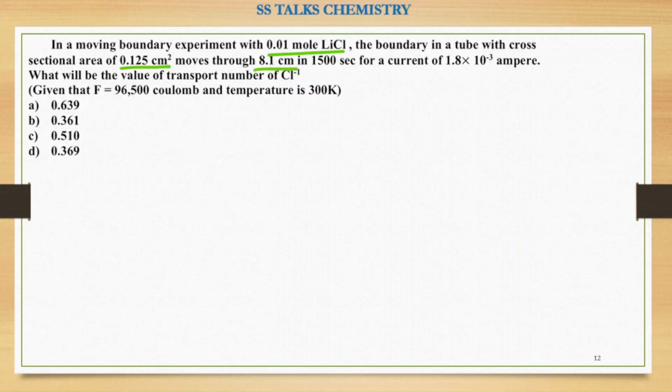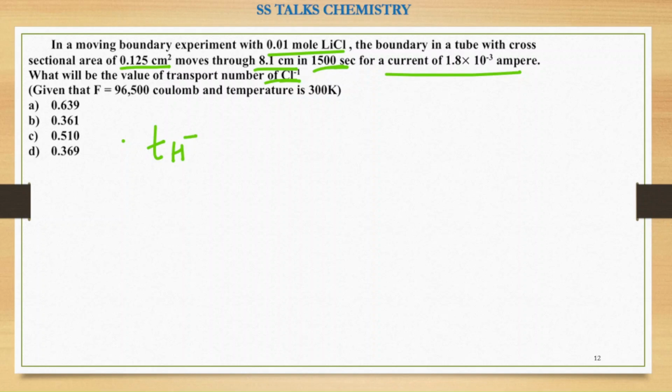The length is given, and the time is also given, which is 1500 seconds, for a current of these many amperes. What will be the transport number of the chloride ions? So in the moving boundary experiment, we have that the HCl solution is taken. Now instead of HCl, this time lithium chloride is given.